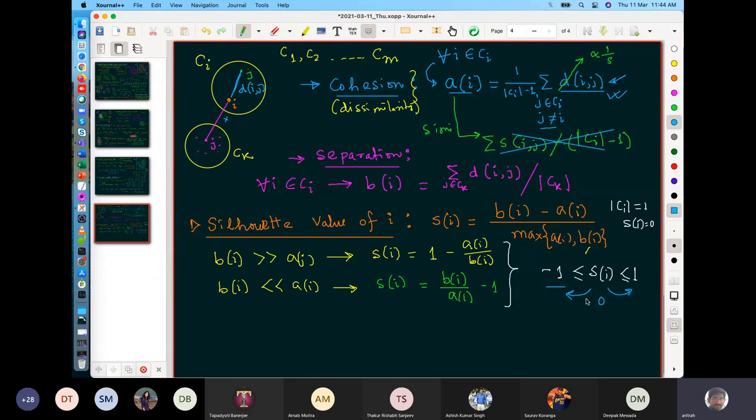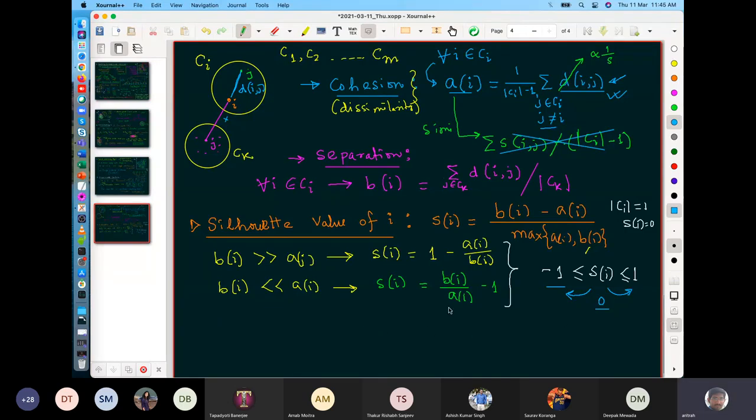It may be in C_i, it may be in C_k. So if we tend towards -1 or +1, we have hope, because at +1 we do not have to do anything, we are in a well-shaped cluster. If we tend to -1, we need to do something better. Both are indications, but 0 is very bad because I do not know where to go. When I get a 0, I need to change the cluster dimensions, and sometimes bring in a cluster in between these points.